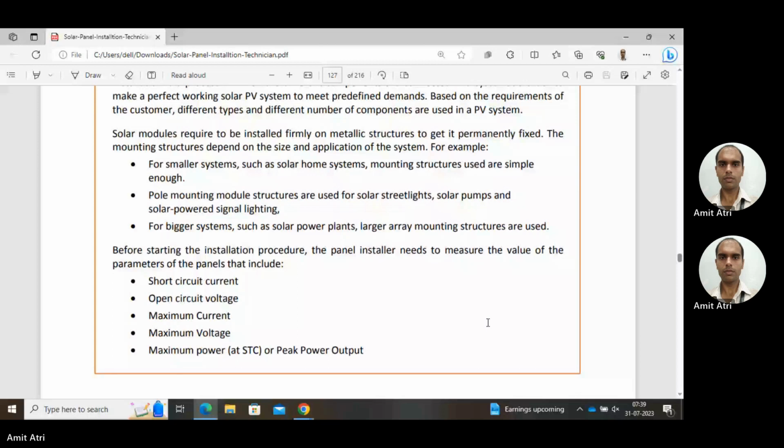First all of the prerequisites, then fix the structure, then on that structure we fix our solar module or solar panel. After the panel, the installation of different components, like I said, the charge controller, battery or inverter. So there are different types of components. Install and connect them. Proper selection of wire is very important in this case for the connections.